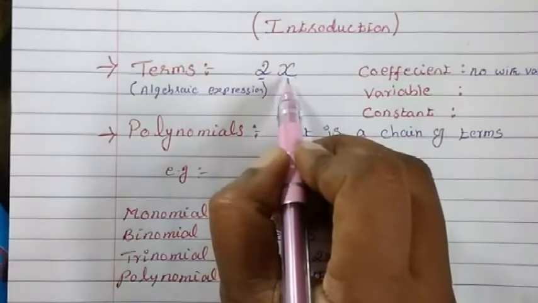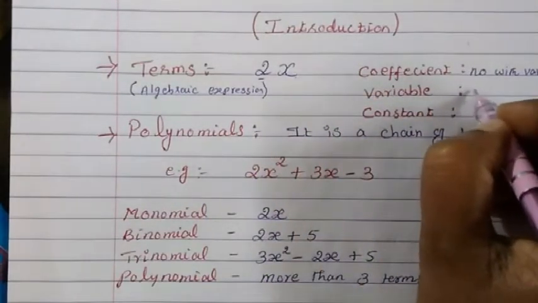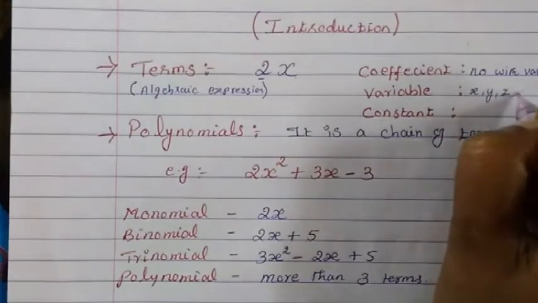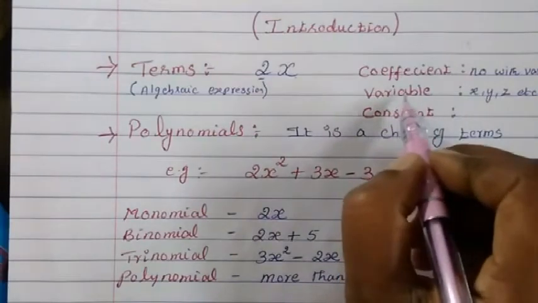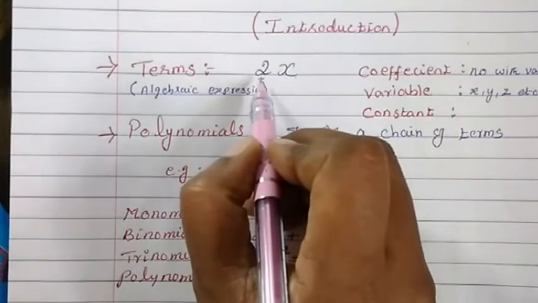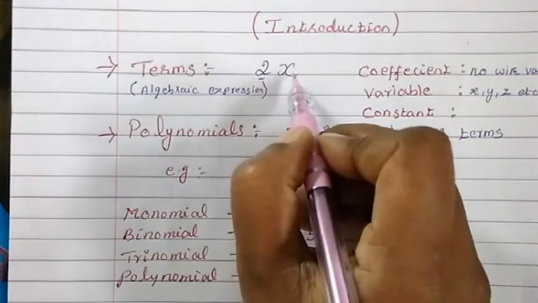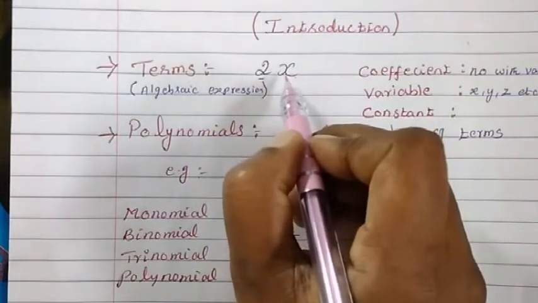So variable means x, y, z, or a to z you can say, when we write x, y, z, etc. This is known as a variable, where the value will change. The number 2 remains 2 only. But in the place of x we can write any number. It is not fixed that the number should be only 5 or only 3.